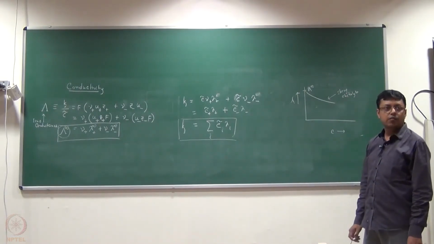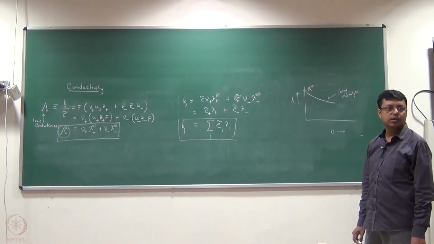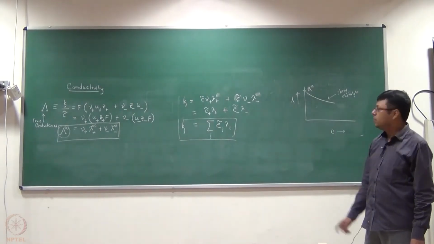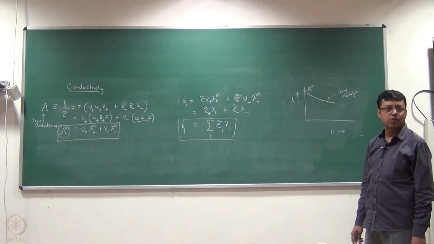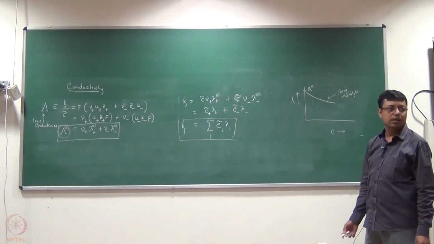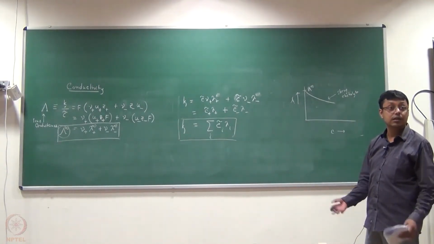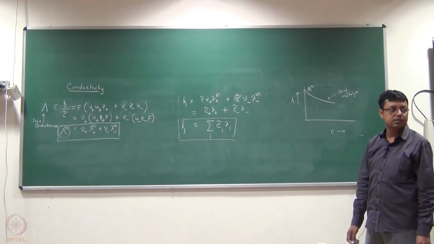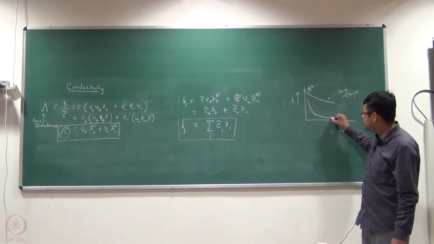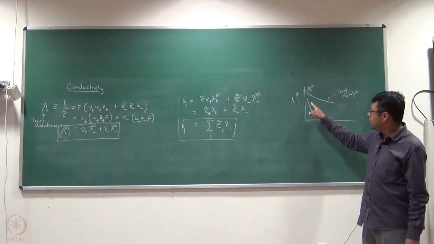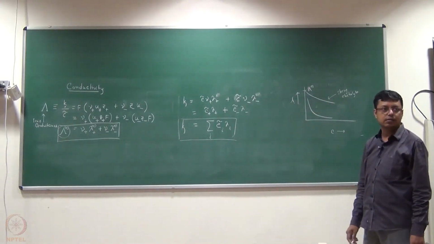For weak electrolytes, we have a very different curve. For weak electrolytes, this will be a very sharp dependence. Why? Because if I increase the concentration, the degree of dissociation will now be less, so I'll have a very sharp fall, something like this. And usually we cannot extrapolate it.